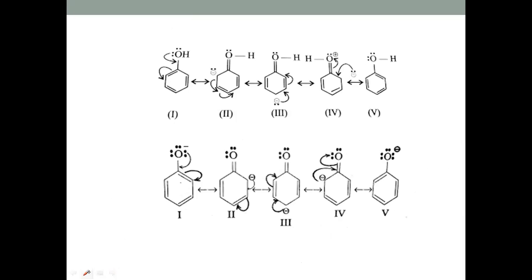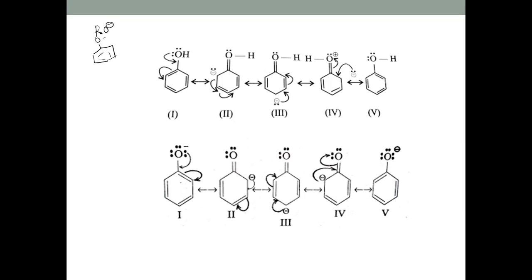And when we come to the second reason, the alkoxide ion is formed in the case of ionization of alcohols, and the phenoxide ion is formed in phenols, right?